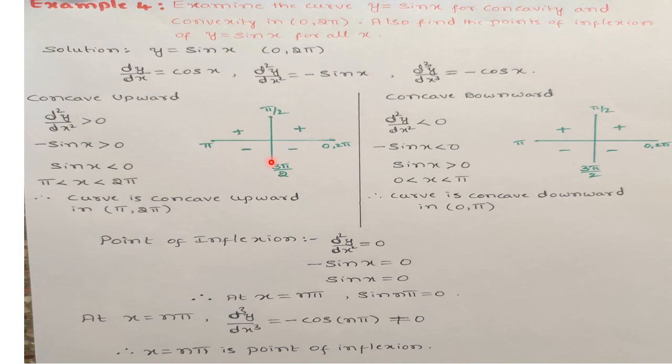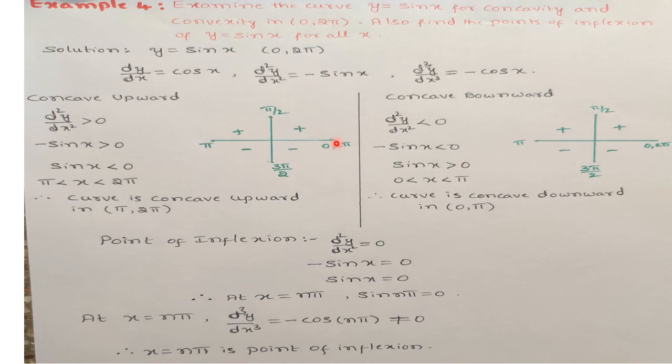Fourth quadrant means 3 pi by 2 to 2 pi. Okay. Sin x is negative in the third and fourth quadrant. That means in the interval pi to 2 pi, the curve is concave upwards, isn't it? Therefore, the curve is concave upward in the interval pi to 2 pi.